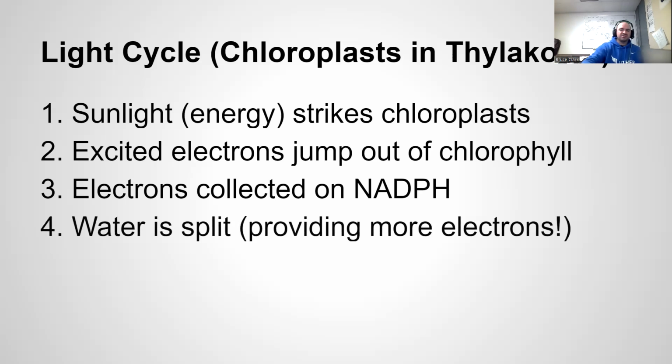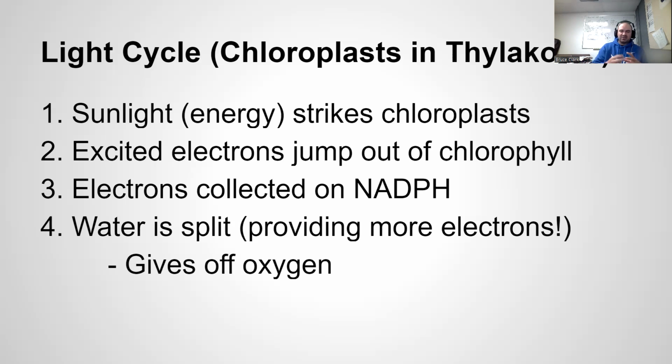This fourth step is huge. It is huge because once those electrons get excited and jump out, there's not an endless supply of electrons there. They're going to run out. And so that is where water comes in. Water is added into the chlorophyll and it's actually chemically split.